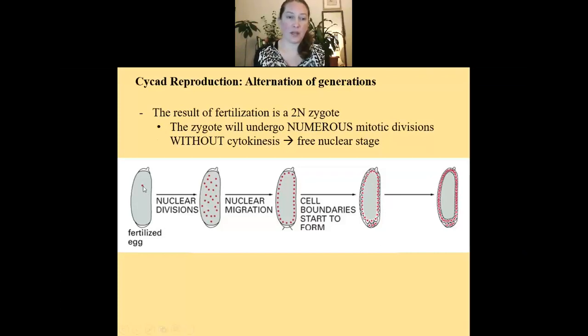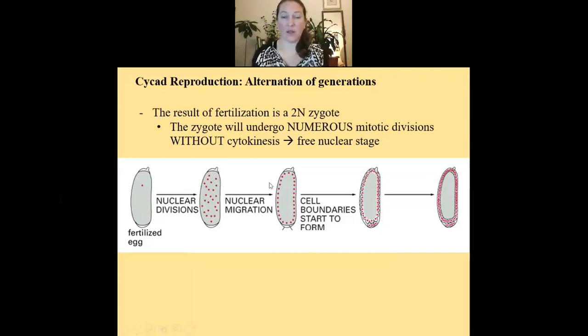So we can think of this as the beginning of a zygote. There's going to be lots and lots of mitosis, so a lot of nuclear division is going to occur, but no cytokinesis initially. So you see this going from one nucleus to many nuclei, all still within one cell.